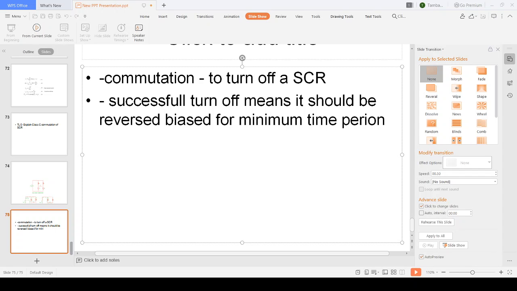So when we turn off a SCR, it should be reverse biased, and this reverse biasing should be done by an external circuit for a minimum time period.